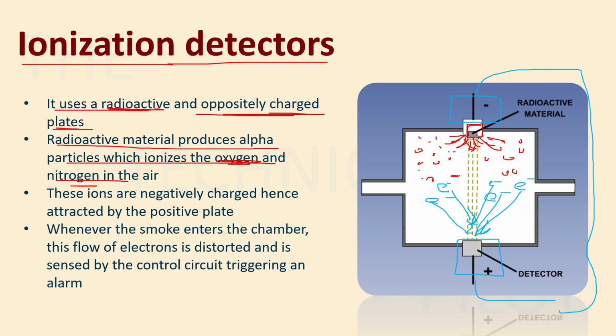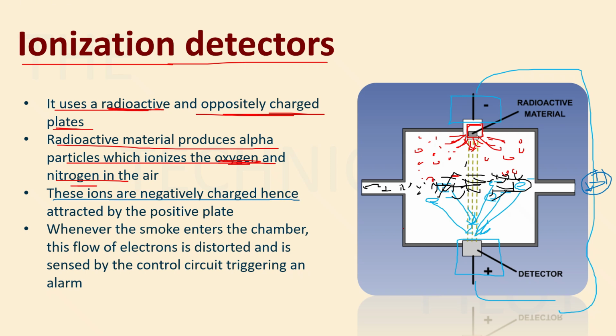But when some smoke enters the cabin, right? If some smoke molecules enter this chamber, then what will happen? It will disturb this flow of electrons and hence reduce the amount of current that is being produced, right? This change will be detected by the sensors and hence it will trigger an alarm in the cockpit, right?